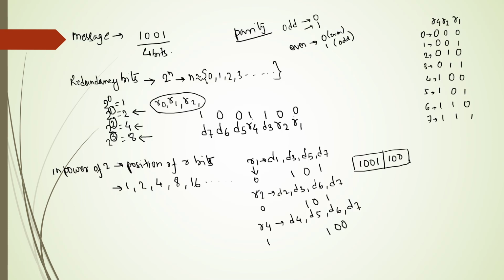D5 is 0. And D7 is 1. Right? So if you remember, in the sender case, we wanted to find out the values of R. But in this case, we already have the value of R. So whenever we calculate the parity, we will include the R bit as well. Clear till this?